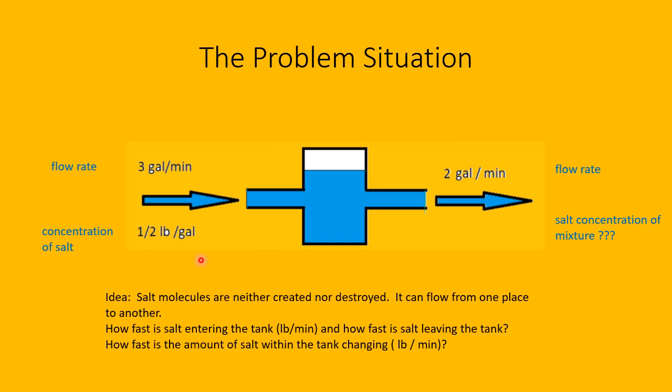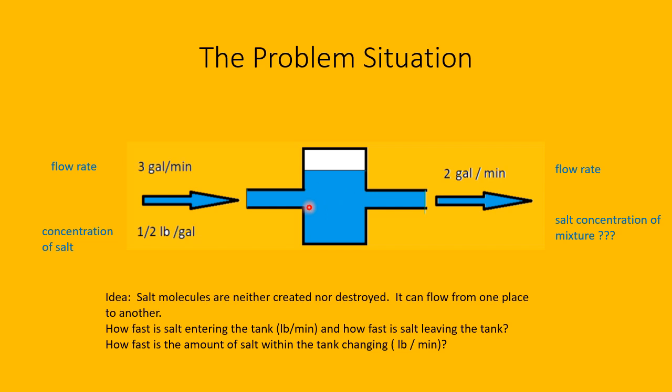So here's the situation. We have a tank with a saltwater mixture in it. Water is flowing in at a rate of 3 gallons per minute, and this salt water has a half pound of salt per gallon.